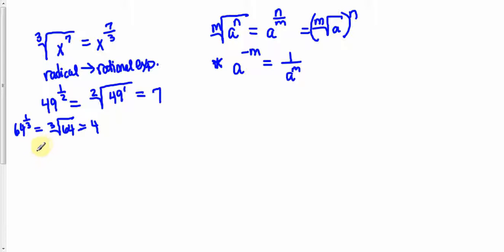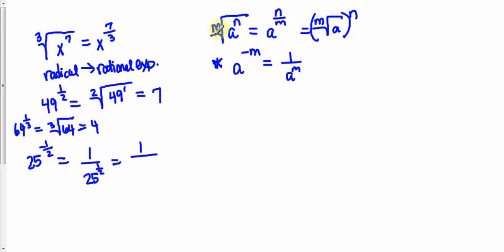So if I gave you 25 to the negative 1/2 power, I would first change that using this rule, that is the same thing as 1 over 25 to the positive 1/2 power, and then use that 1/2 exponent, recognizing that it follows this.